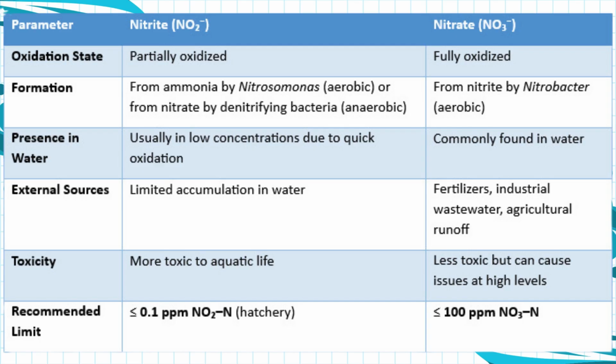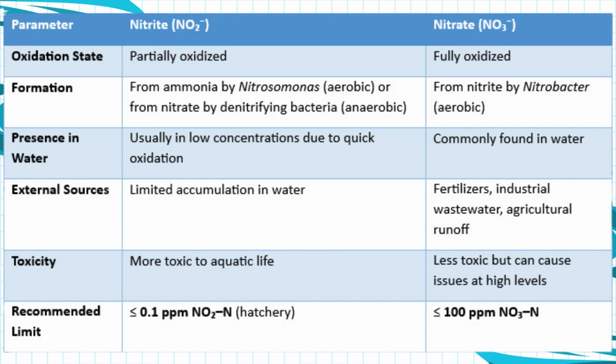Here is a table summarizing the difference between nitrates and nitrites. For the oxidation state, the nitrite is partially oxidized, while the nitrate is fully oxidized. In the formation, the nitrite is formed from ammonia by the Nitrosomonas, the aerobic bacteria, or from nitrates by denitrifying bacteria.